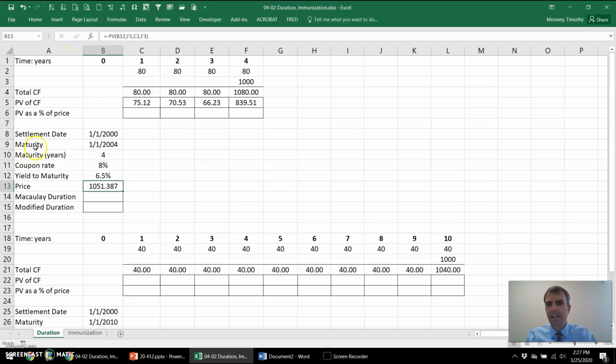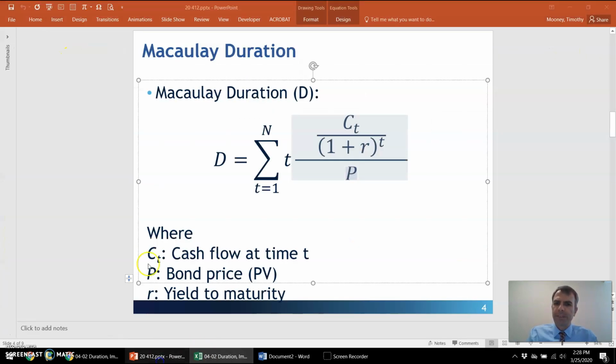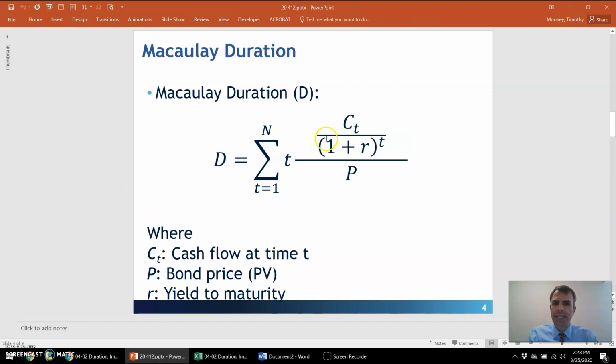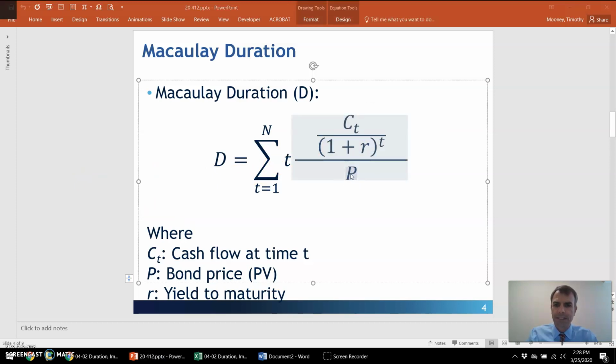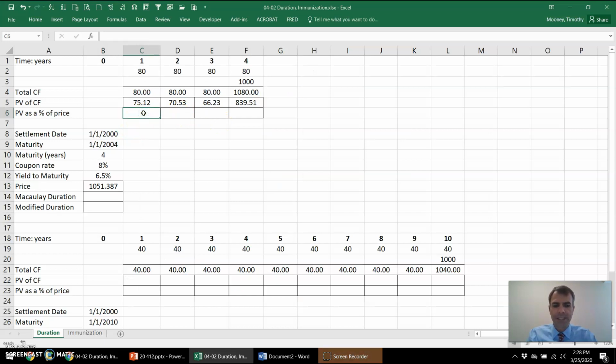Okay. All right, so the Macaulay duration formula takes each cash flow's present value as a percentage of the price. I've got a little space for us to do that here. Here's the first cash flow's present value, what it's worth today.